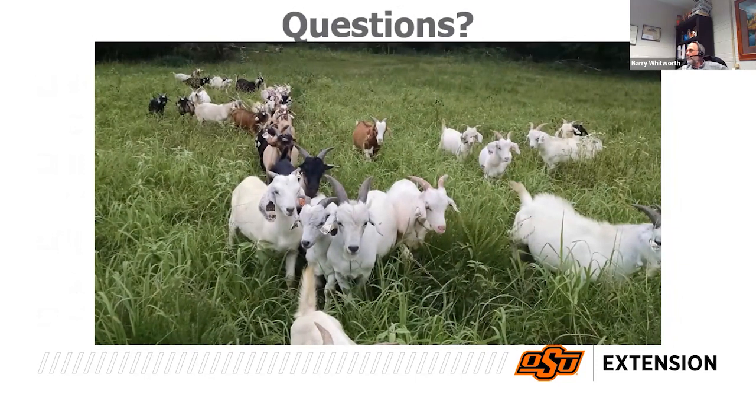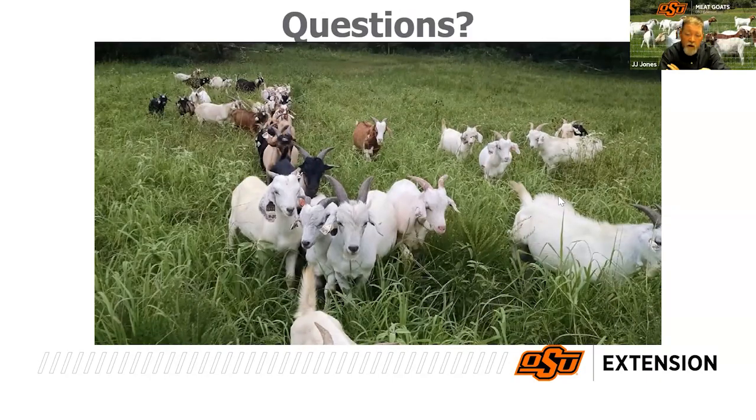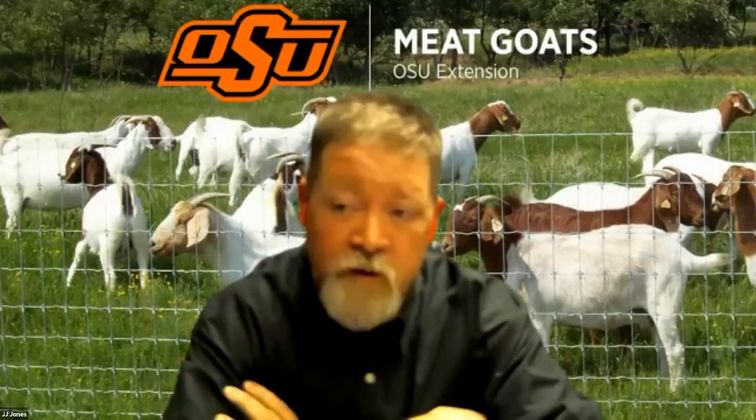No, that was it. The only question we got so far, and I think I answered it right for this person, is they want to know if they can mix the wormers together in one solution, instead of having to do 3 different guns.